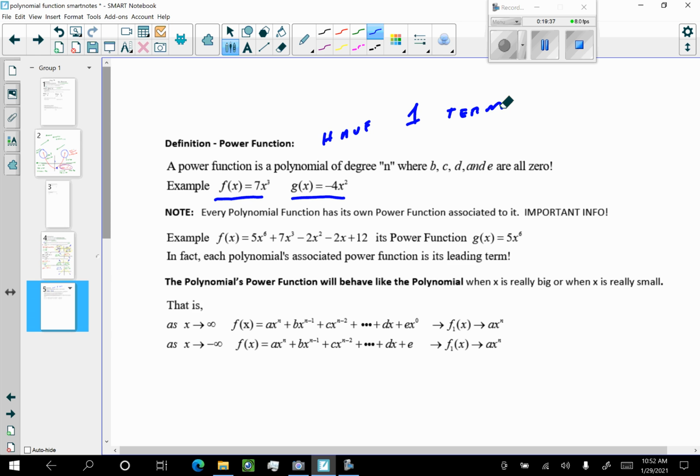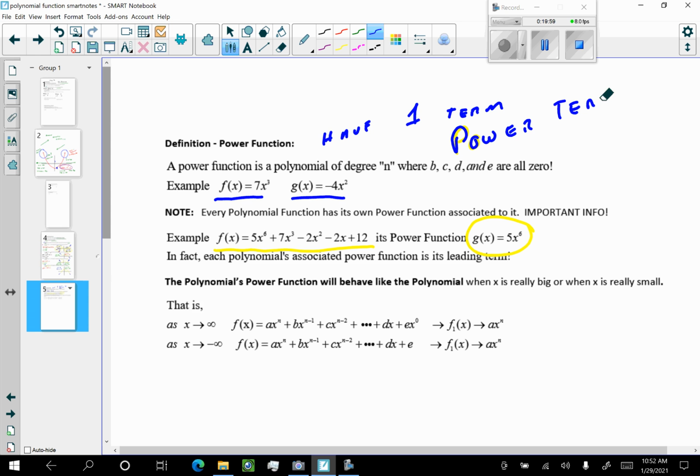Every polynomial function has its own power function associated to it. So if I have this polynomial right here, what's its power function? 5x to the 6th. That's the first term. That's the power term. One term, the power term.